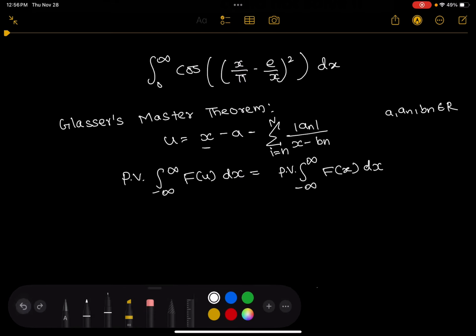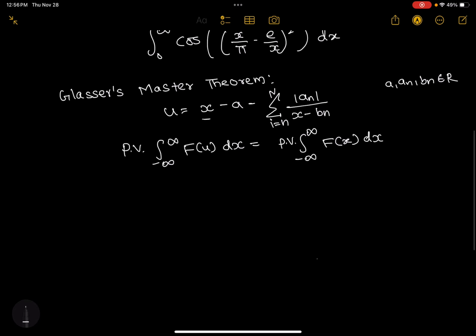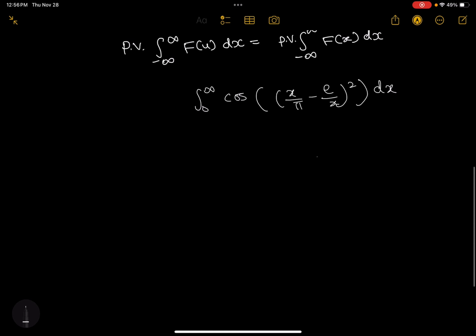So let me write the integral once again. We want this integral from 0 to infinity of cos of (x by pi minus e by x) squared dx. Let me say y is equal to x by pi. Then this integral will still go from 0 to infinity, right? Because 0 by pi is just 0, and infinity by pi is just infinity.